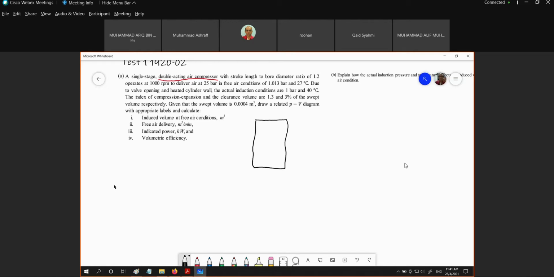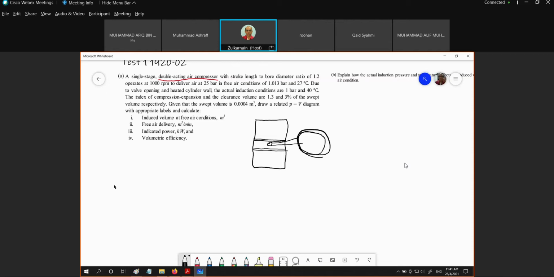So this is the piston. This is our connecting rod attached to our motor. This is the rotation.